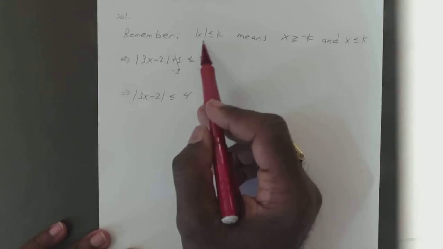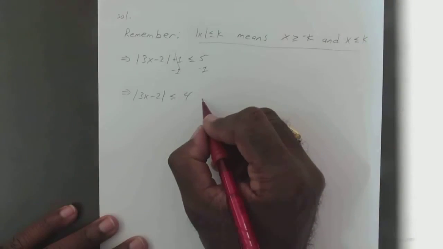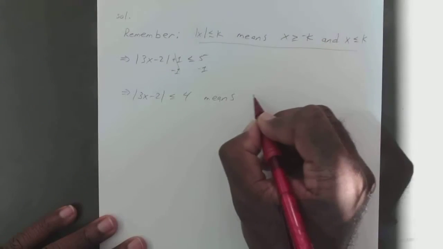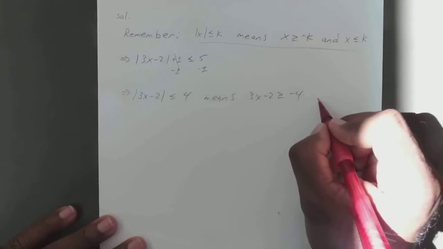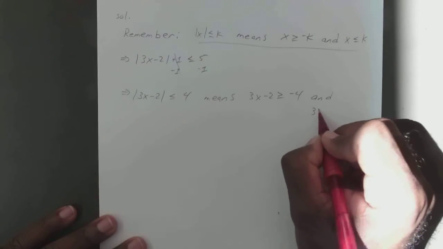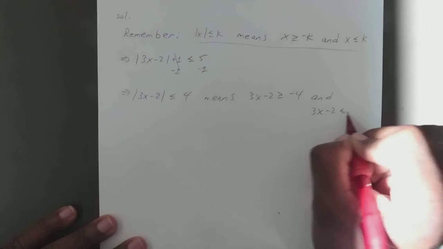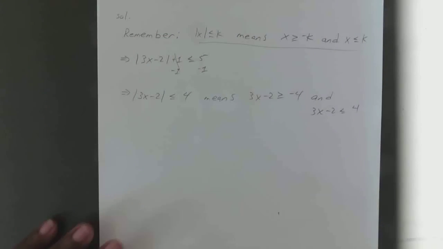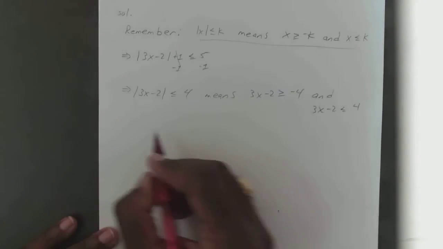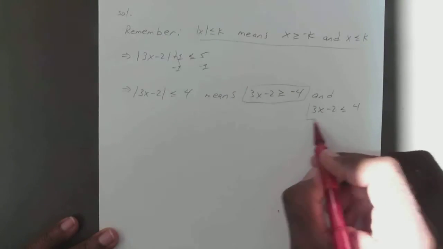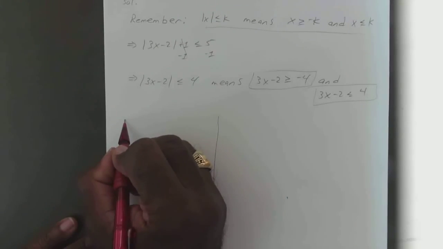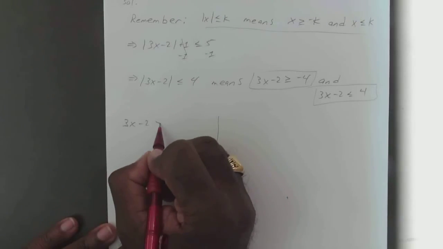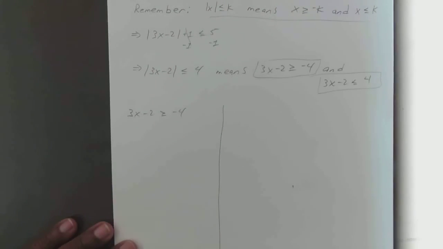Using that philosophy, that means 3x minus 2 is greater than or equal to negative 4, and 3x minus 2 is less than or equal to 4. Now we just solve both. So 3x minus 2 is greater than or equal to negative 4.